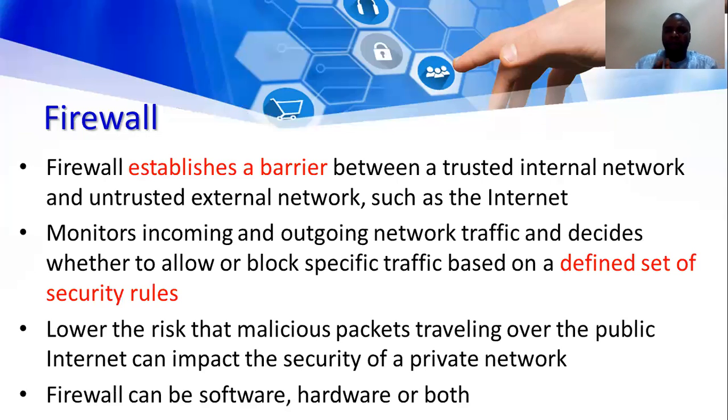That is, the rules have been set up on the firewall, and the firewall makes use of these rules to decide whether to block or to allow specific traffic coming from where? The external network, and even from the internal network, which means to and fro.